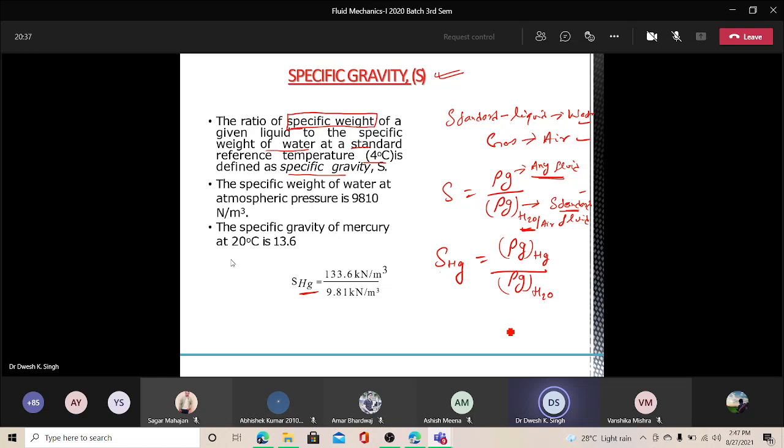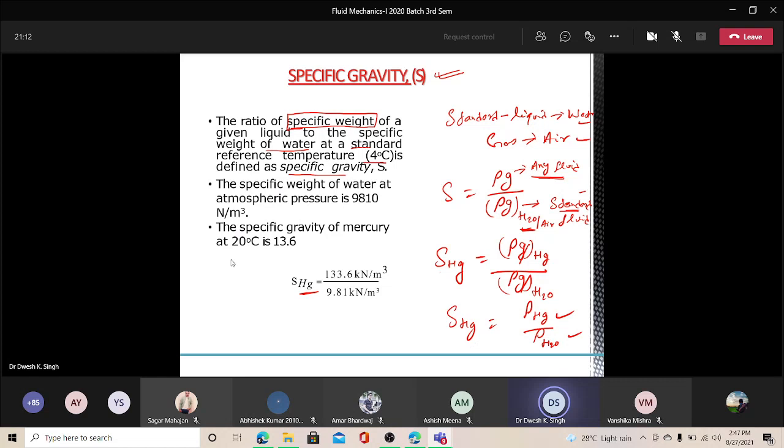If you are measuring the specific gravity in the same gravitational field, then g acts as a constant and will be cancelled out. So ultimately you come out with the density of mercury over the density of water. If you are taking mercury as your fluid, it is just the ratio of densities. It's very simple. The specific gravity of mercury comes out to 13.6.